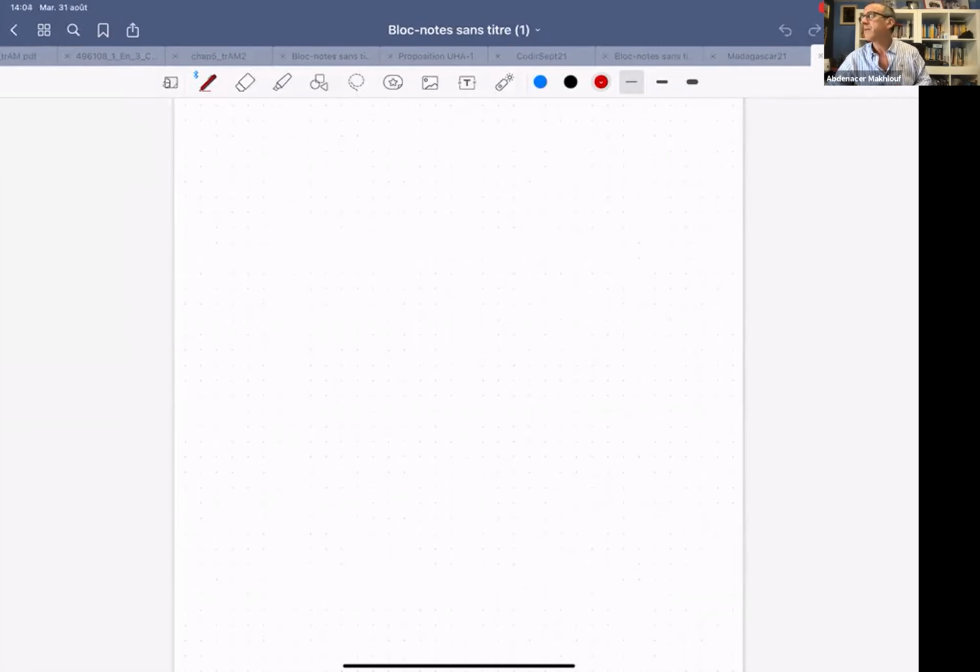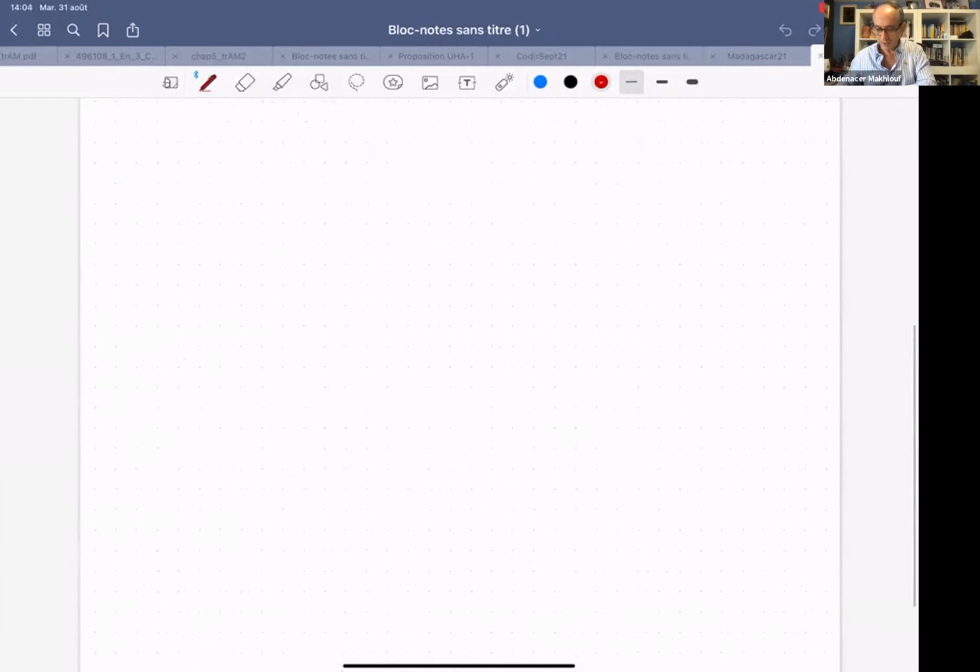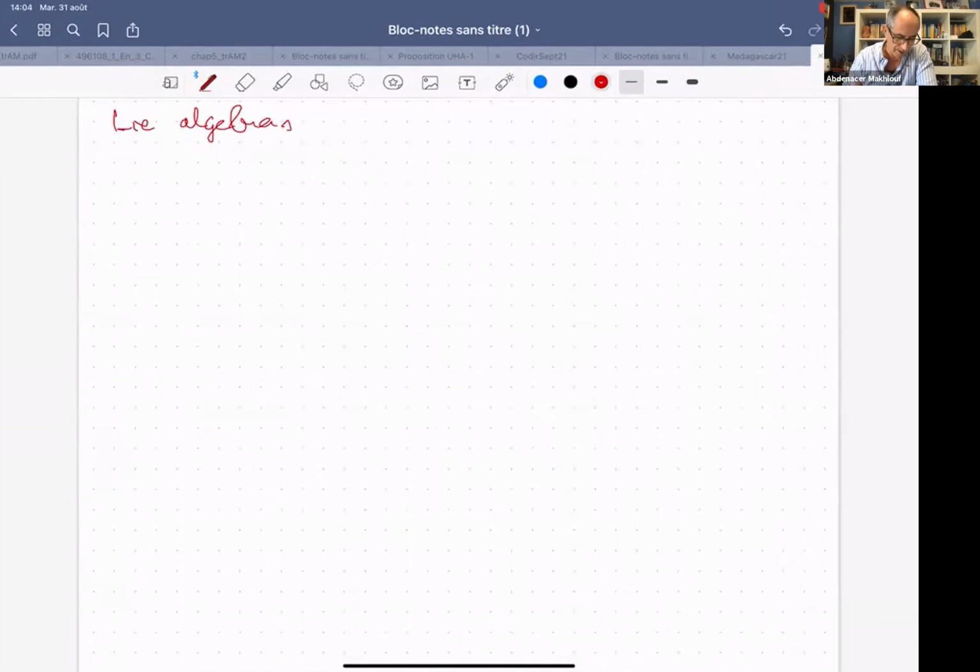Let me recall some definitions. Lie algebra. In fact, I am interested in non-associative algebra, which includes associative algebra, and they are all given by a vector space.